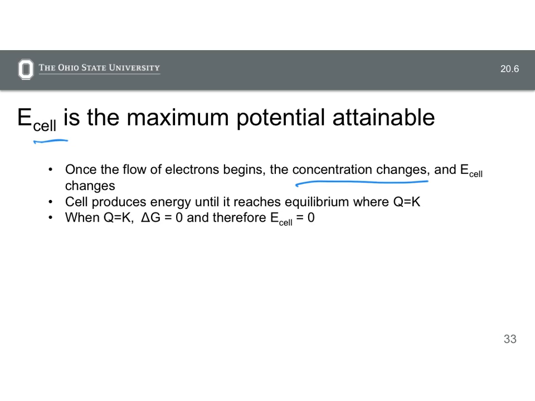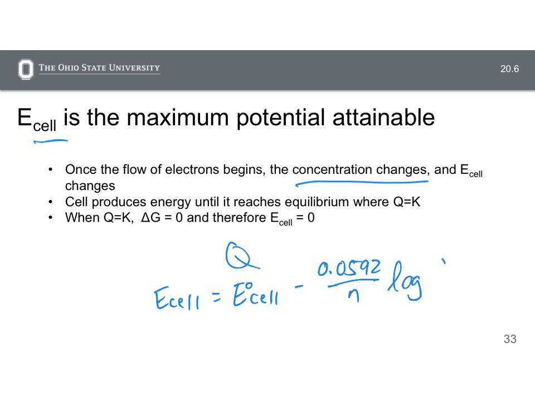So the concentrations in the half cells begin to change, which means that Q in the Nernst equation is going to change. So again, E cell equals E naught cell minus 0.0592 over n log of Q. When the concentrations are changing, Q is changing, and that's going to change your cell potential.